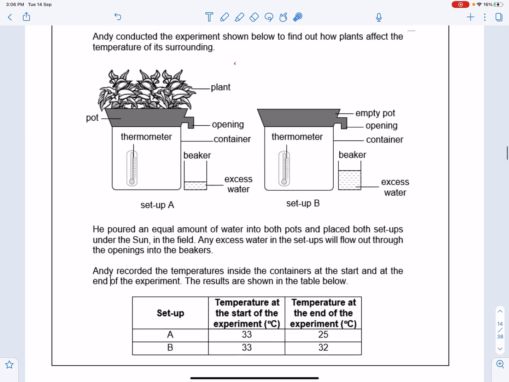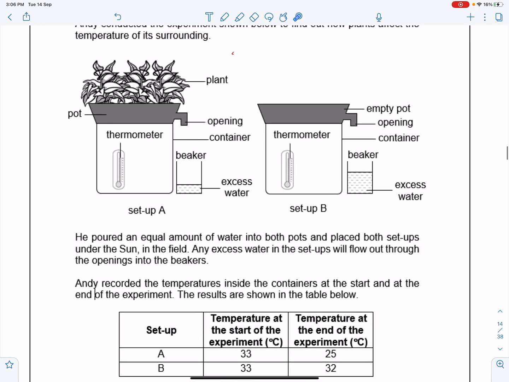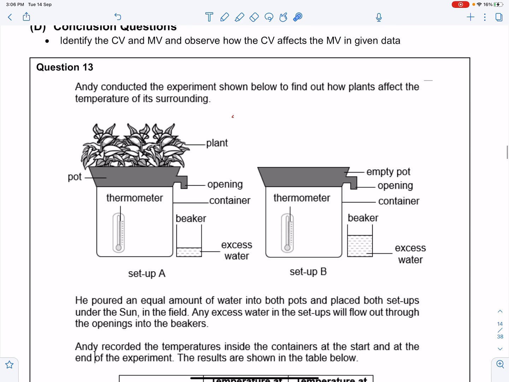So, in an example as shown below, Andy conducted the experiment shown below to find out how plants affect the temperature of its surrounding. Okay, so basically with just this alone, I'm able to read that your plants is actually your change variable and your measured variable is your temperature of your surrounding.